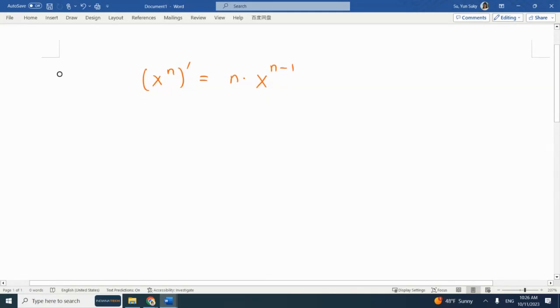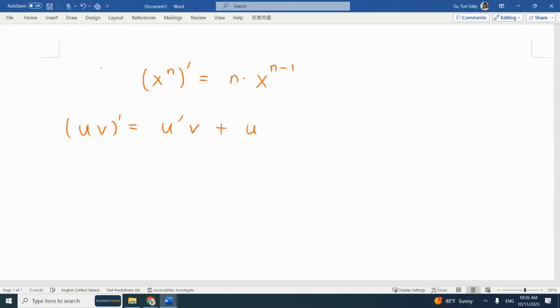And then we learned the product rule. So the product rule, (uv) prime is u prime v plus u v prime, right?